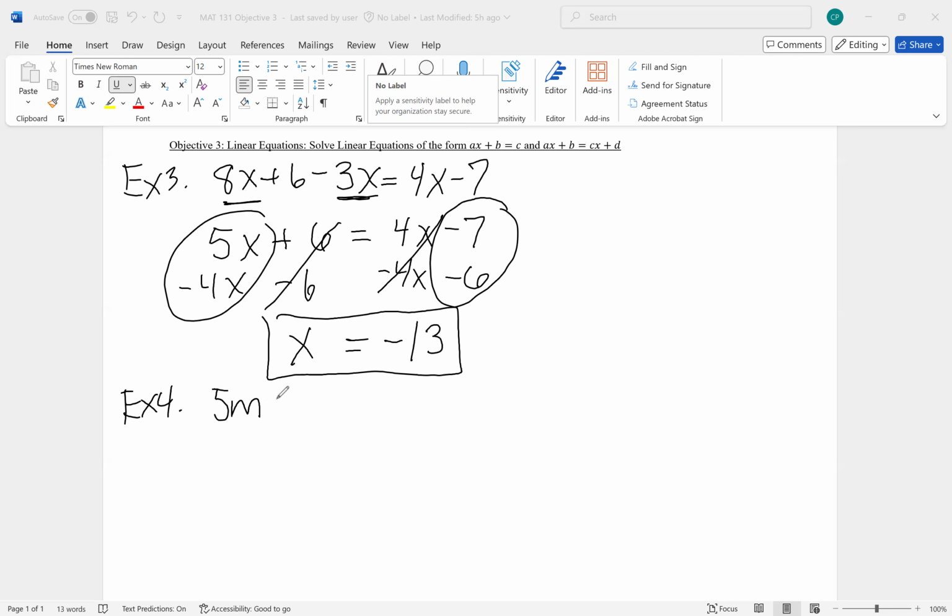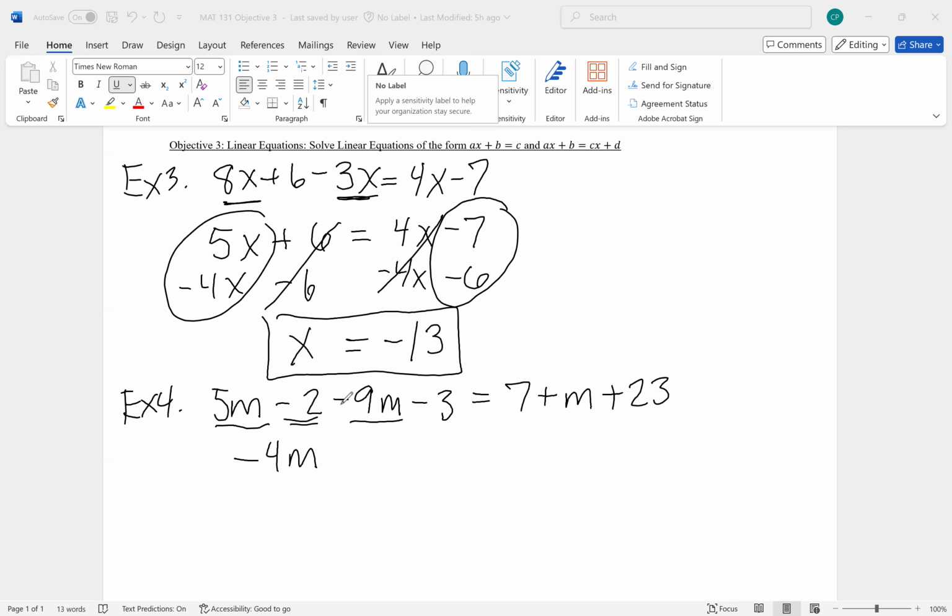So we got 5m minus 2 minus 9m minus 3 equals 7 plus m plus 23, all right? So we can clearly see that there's some things that need to be combined before we start moving stuff around. So on the left side, we can combine the 5m and the negative 9m to be negative 4m.